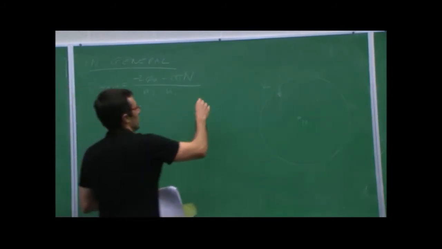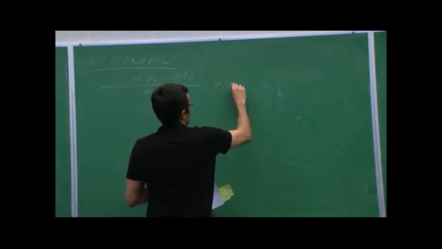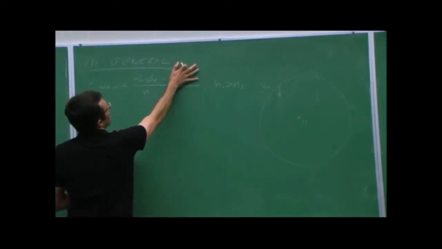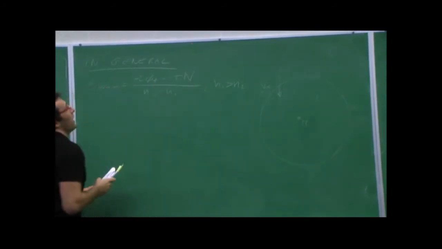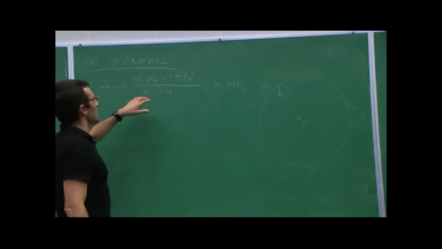And again, we're doing the case where n1 is greater than n2 without loss of generality. You can do the opposite. So this is how much you have to wait. You can wait just this or longer. Every 2 pi times n, you're going to have the planets in the right configuration so that you can return.